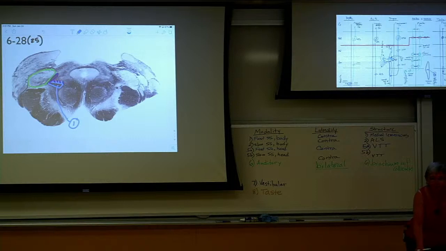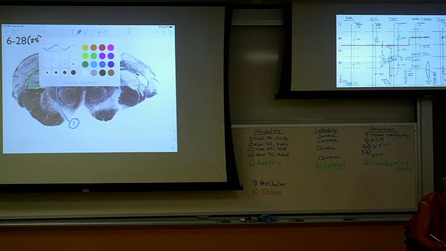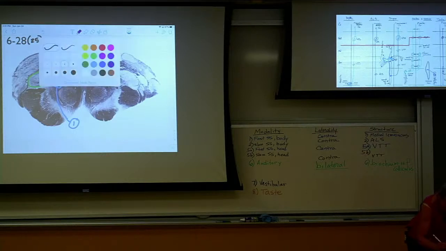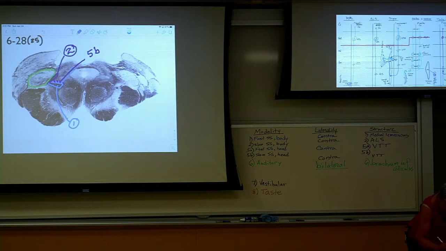What structure will that be found in? Pause if you need to. That's right here in the anterolateral system. What about fast and slow somatosensory information from the contralateral head? That is indeed found right here in the VTT, and that's slow as well as fast somatosensory.